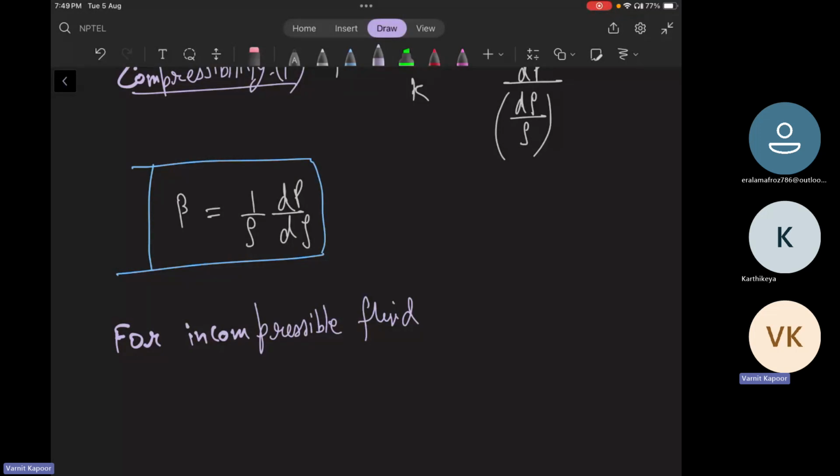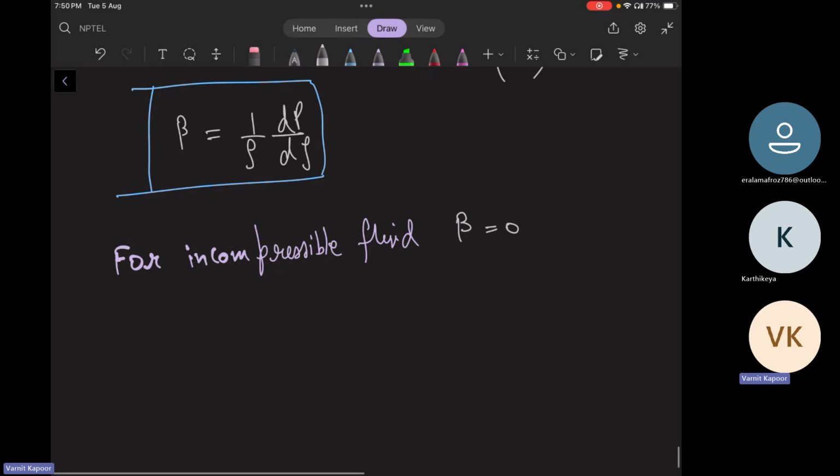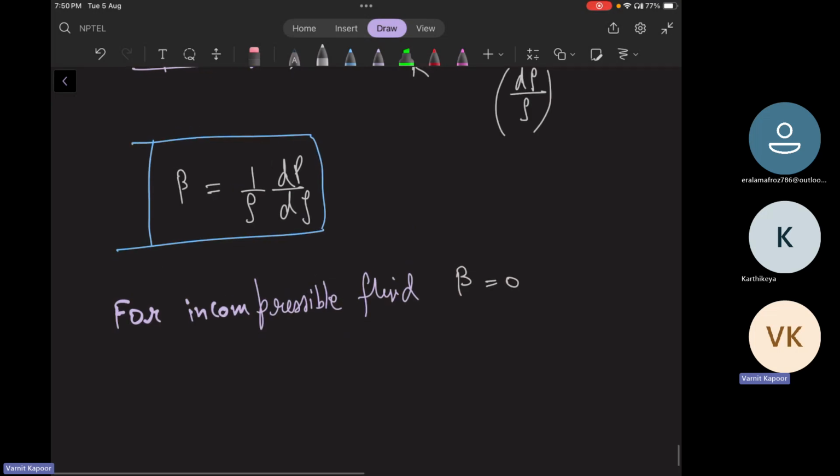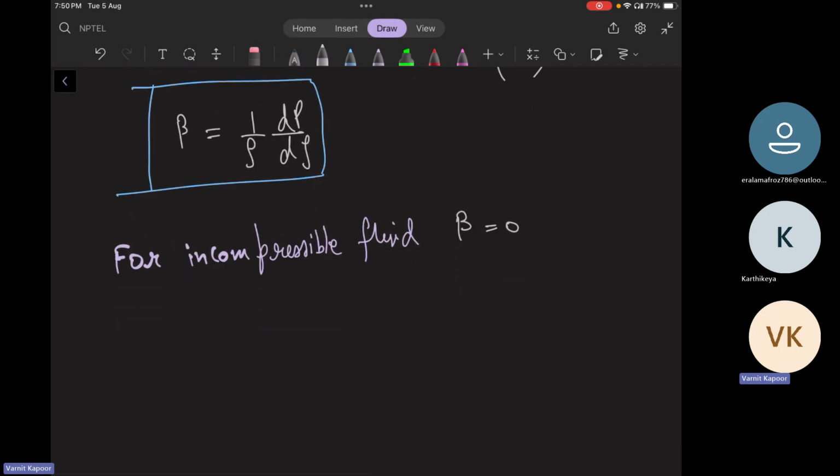So I was saying, for my incompressible fluid, the compressibility is zero. Beta is zero. So if beta is 0, what does it mean? That means your d rho by dP should be 0. Am I right?